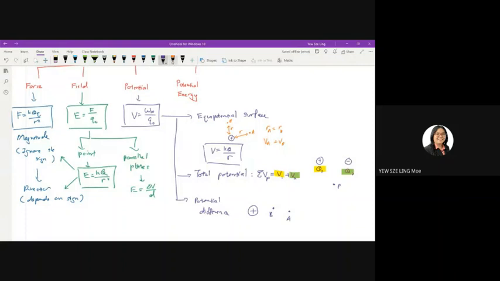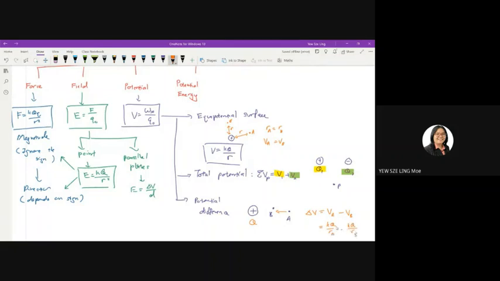Then the potential difference would be delta V equals V at point A minus V at point B. You're still using the same point charge, which is Q. So you get KQ over RA minus KQ over RB.